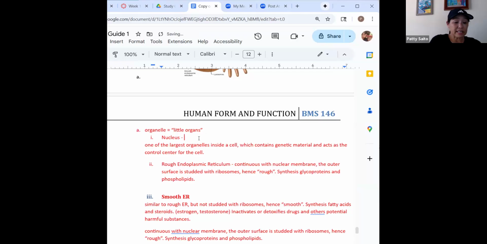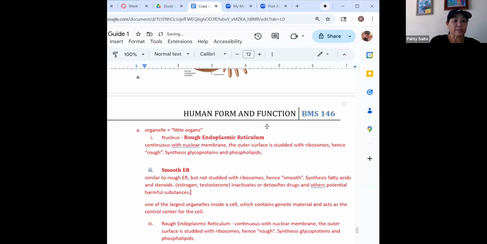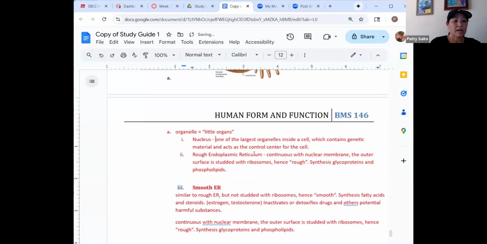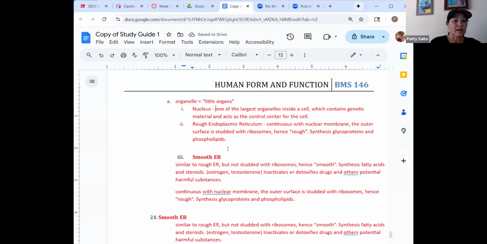It too is just like the other membranes. It's a bunch of tubes that is continuous with the nuclear membrane, and it has ribosomes on the outside. So it's kind of studded with ribosomes.